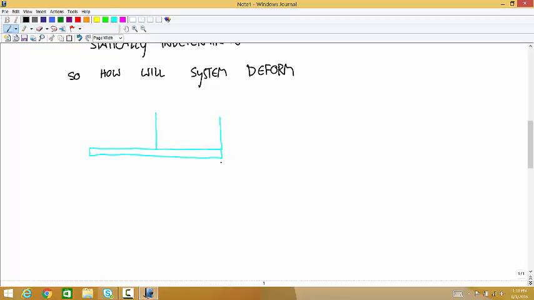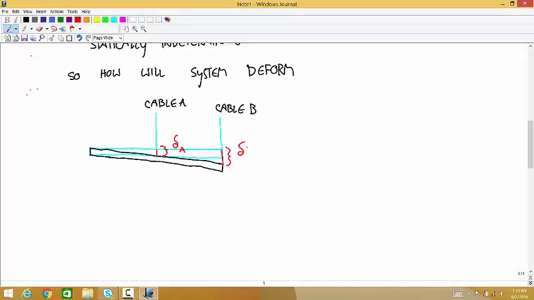And so it's going to be a really small displacement, but if I exaggerate it, it's going to look like this, where you have an amount of stretch in cable A. Okay, so this one's cable A, this one's cable B. We'll call that delta A. And then we have a stretch in cable B that we'll call delta B.